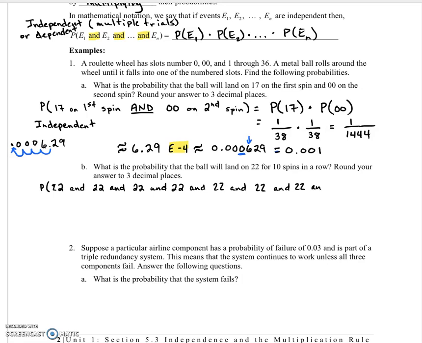Whoops. That should be a 22, not a 20. Okay, that equals the probability that it lands on 22 times the probability of 22, and there's going to be 10 of those, right?